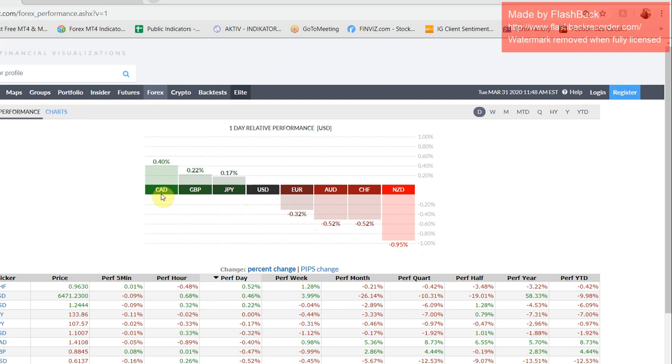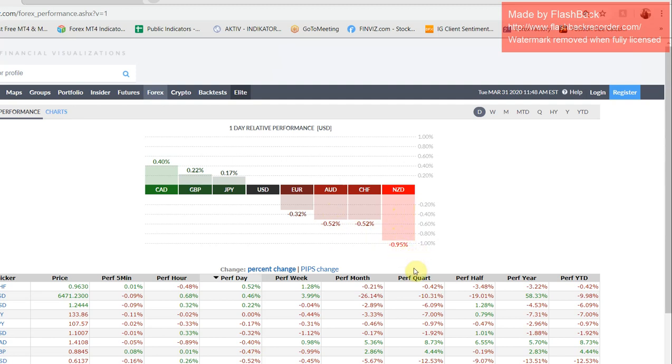The CAD is 0.4% up, the pound is 0.22, the yen is 0.17, and the US dollar is kind of neutral. The euro is negative here, 0.32, and the Aussie is 0.52 negative, and the Swiss franc is as well.